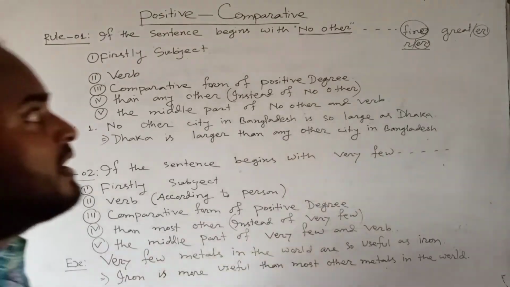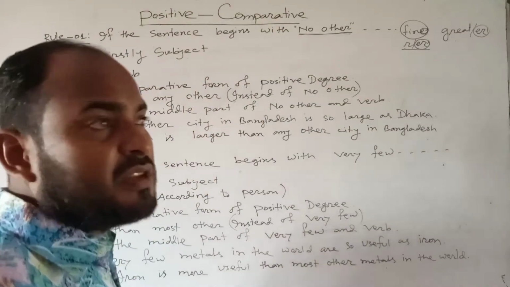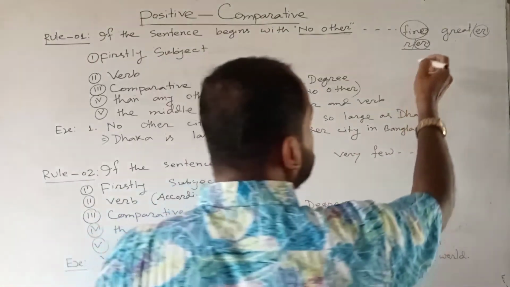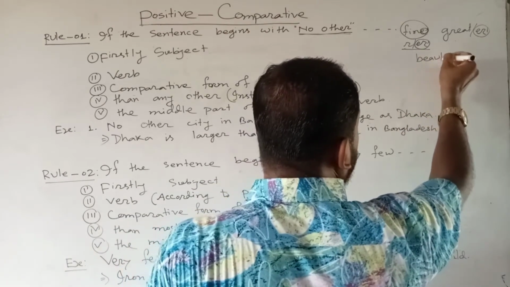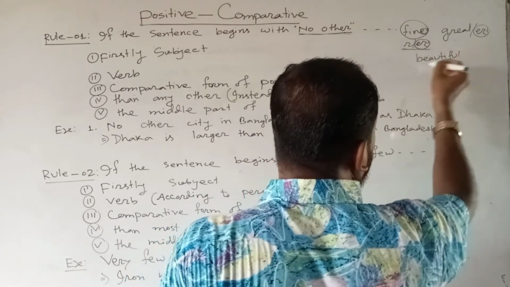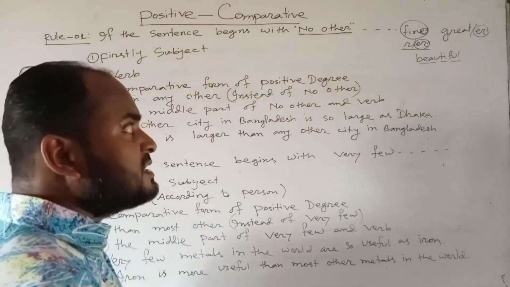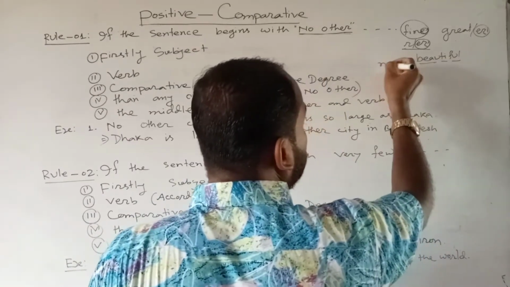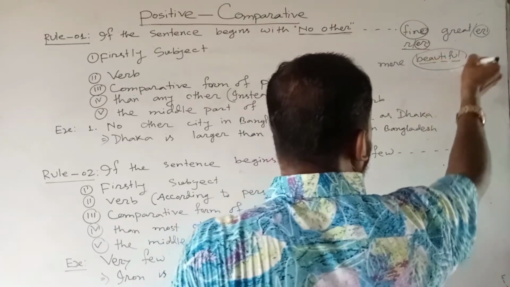But if the adjective is more than one syllable, that means a dissyllable, trisyllable, or polysyllable, then we shall use more, such as beautiful. This adjective is a trisyllable, so we have to put more before the adjective.